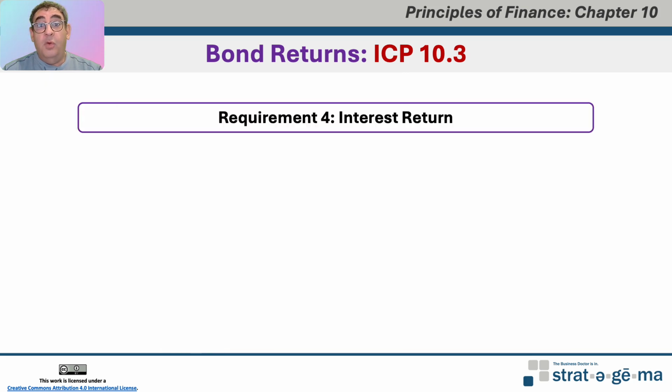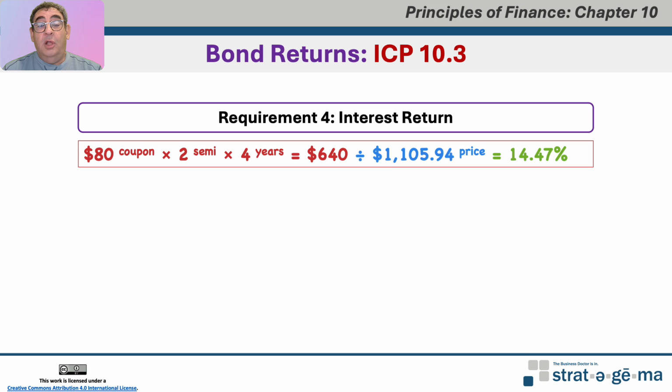For requirement 4, to determine the interest return, all we do is we take the $80 coupon, we multiply by 2 semi-annual payments times 4 years. That gives us $640 in total interest return, and we divide that by the $1105.94 original purchase price of the bond. That gives us a return of 14.47%.